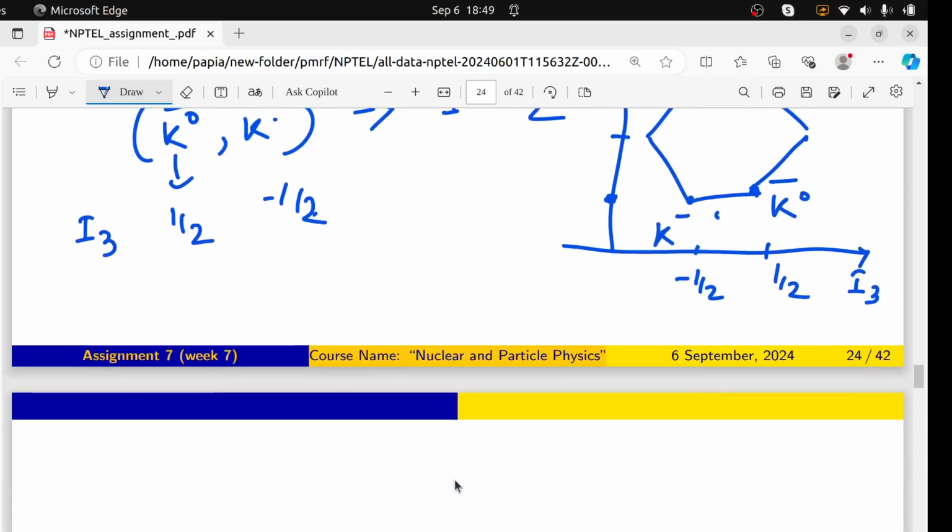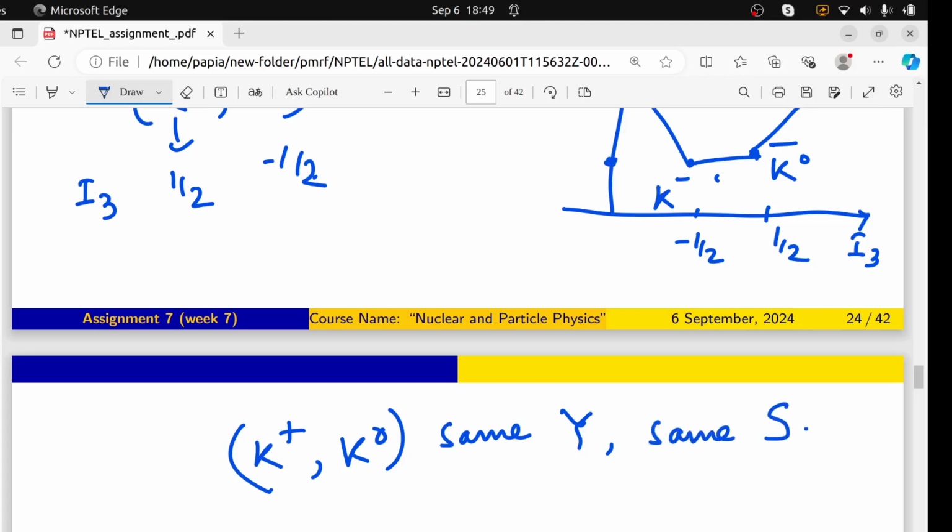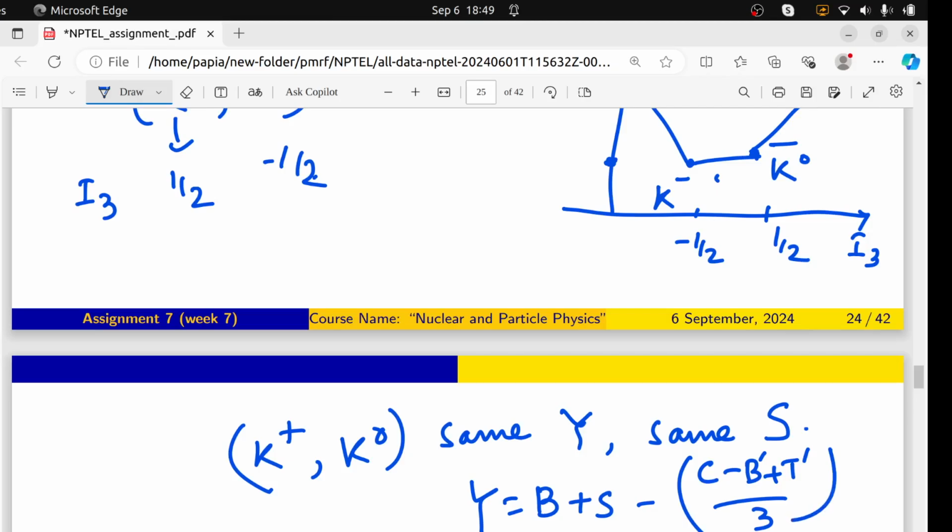First of all, I will tell that K plus and K0 both have the same Y, both have the same strangeness number, because Y is nothing but B plus S minus C plus B prime plus T prime by 3. This whole term is not relevant right now in our condition, because for all the particles we are considering, there will be no C, B and T quark.